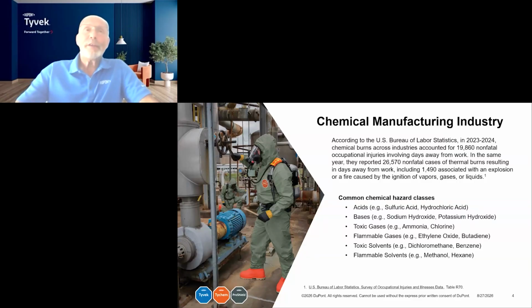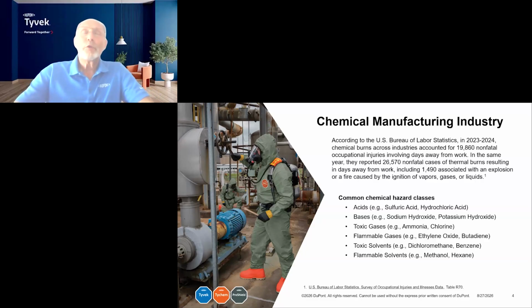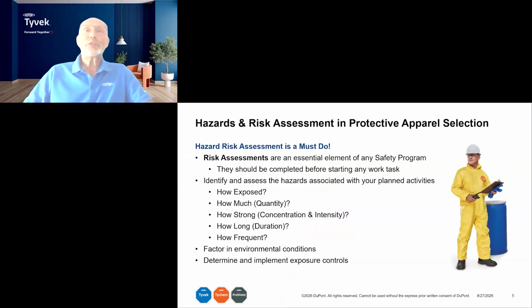It's a broad range of corrosives, toxic materials, and flammable materials. So the main takeaway is that in this particular industry, there are many different dermal hazards present that require a range of chemical protective garments to help keep workers safe. And you'll see by the end of this presentation that DuPont has the product portfolio to meet these needs. Next slide, please.